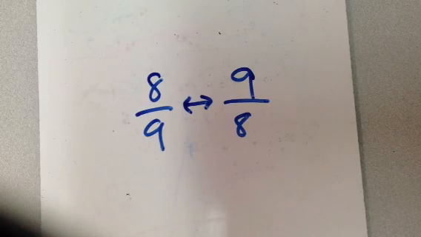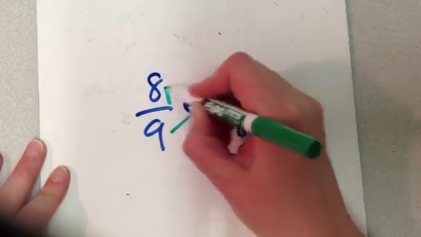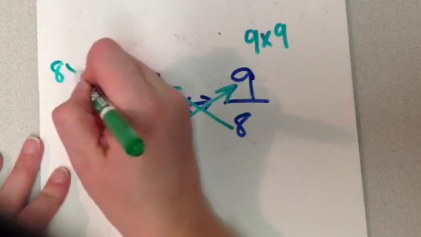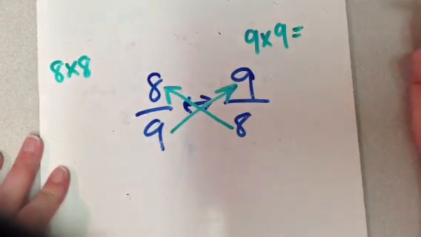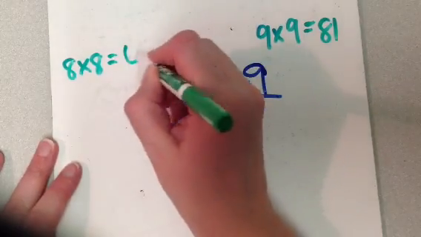Let's look at a third example here. 8 to 9 compared to a ratio of 9 to 8, right? So again, I'm multiplying diagonally to see if I end up with the same number. So 9 times 9, 81. 8 times 8 is 64.